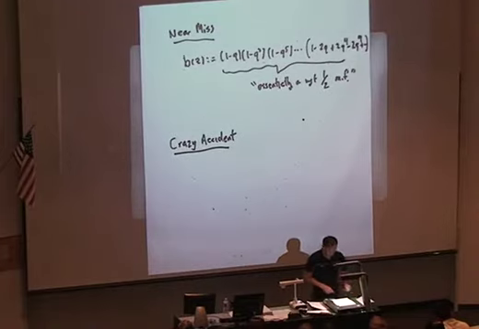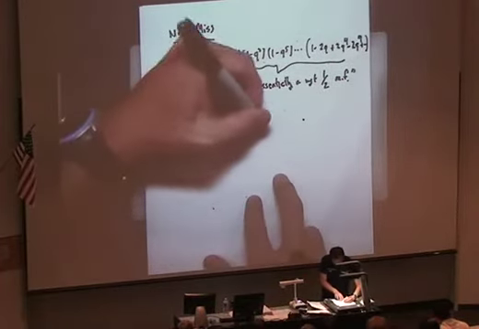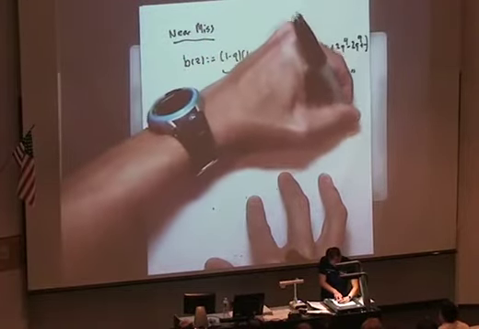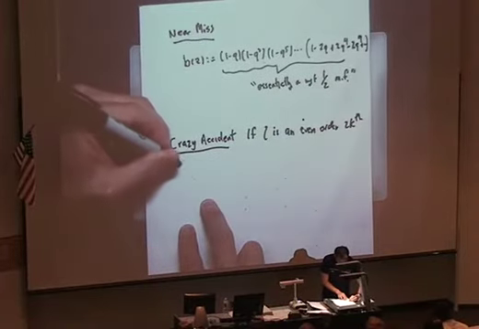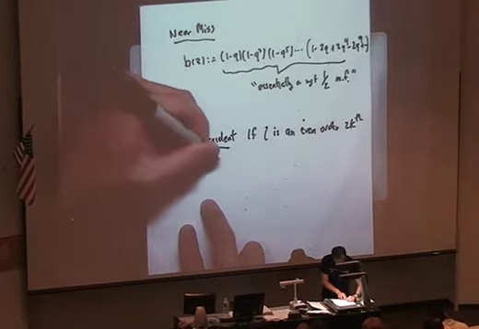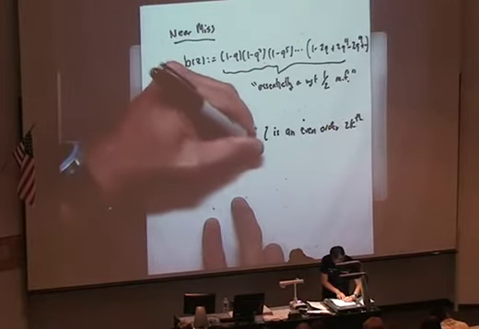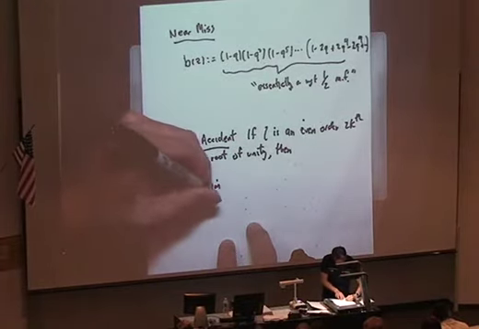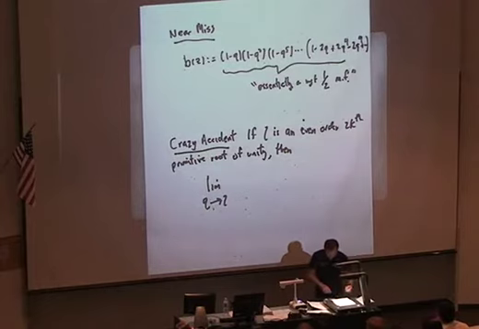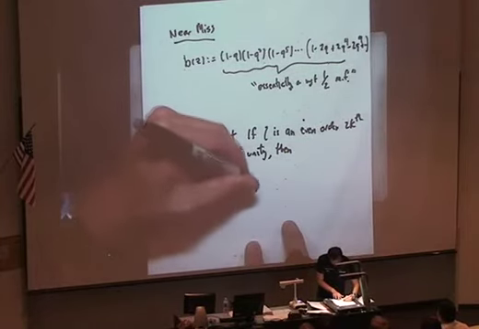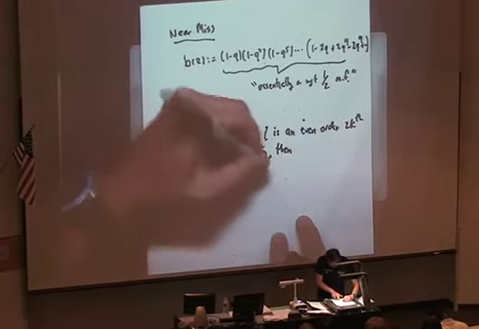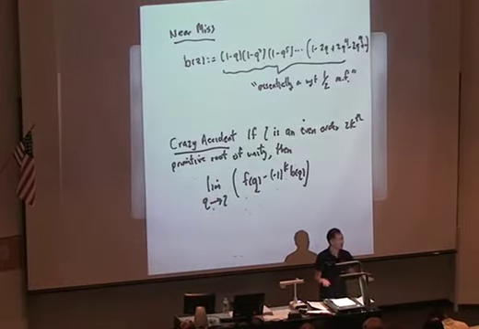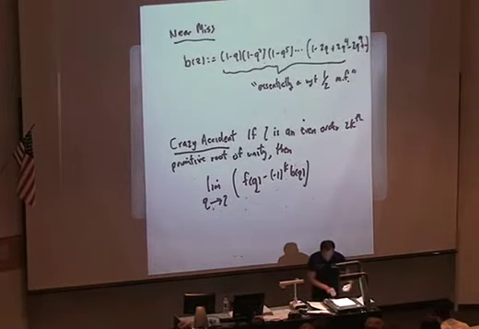The crazy accident is, if zeta is an even order 2kth primitive root of unity, then the limit as q inside the unit disk tends to zeta radially of the function f of q, minus -1 to the k times this function, and I'm going to abuse notation, B of q is b of z, where q is e to the 2 pi i z. He says that this is big O of 1.